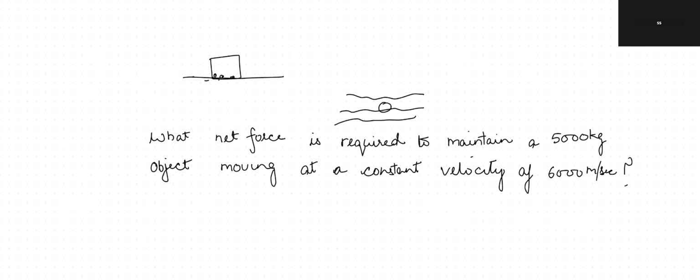Okay. So according to Newton's first law, an object will continue in its state of motion unless an unbalanced force acts on it. So no force is required here to move it at a constant velocity. So F net, the net force here, is 0.